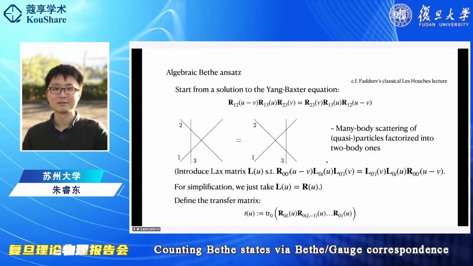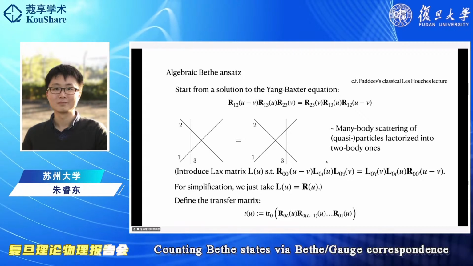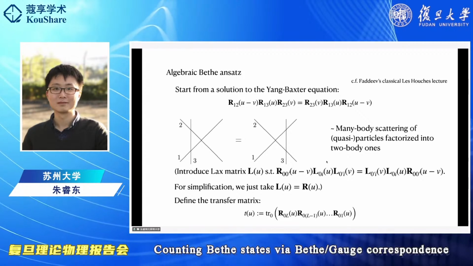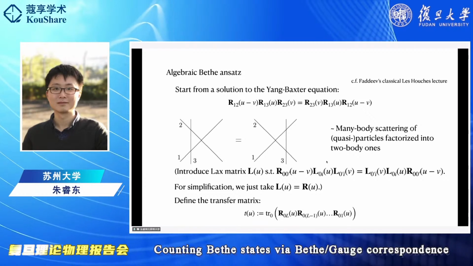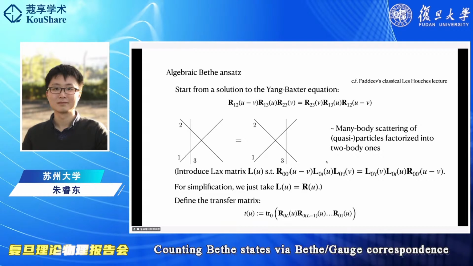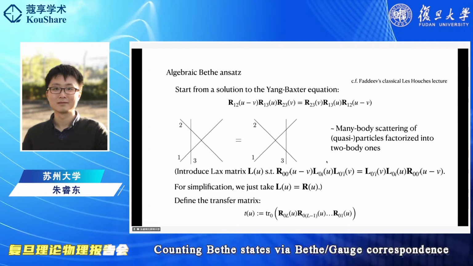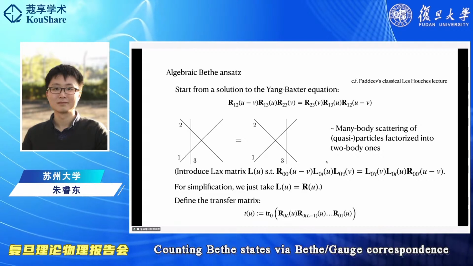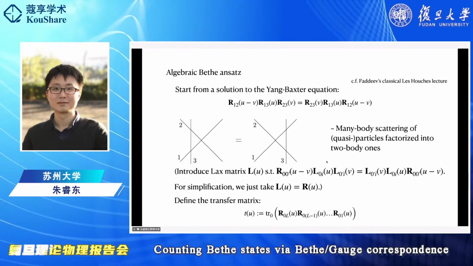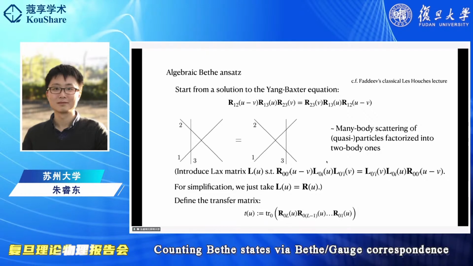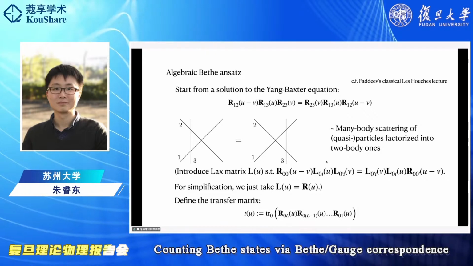R01 is the R matrix acting on the auxiliary space 0 and also one real physical space 1, and so on. We multiply these R matrices together and we take the trace only on the auxiliary space 0. And then we will get a very big matrix called the transfer matrix.